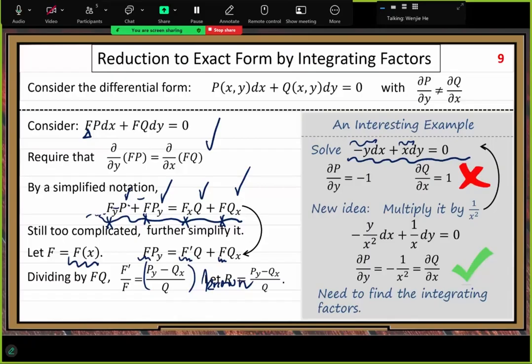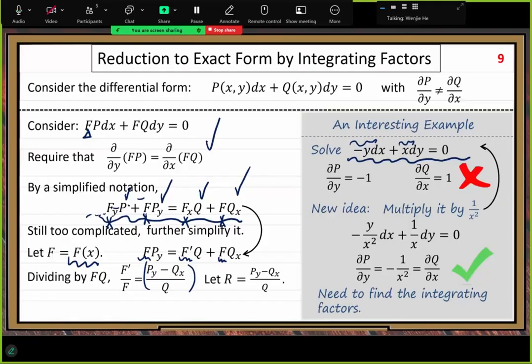So based on that, we introduce a new function R. The reason we introduce the new function R is that this whole fractional expression is too complicated, right? If we write the whole expression, we need to do a lot of work. So we only use one R to represent that whole complicated structure.